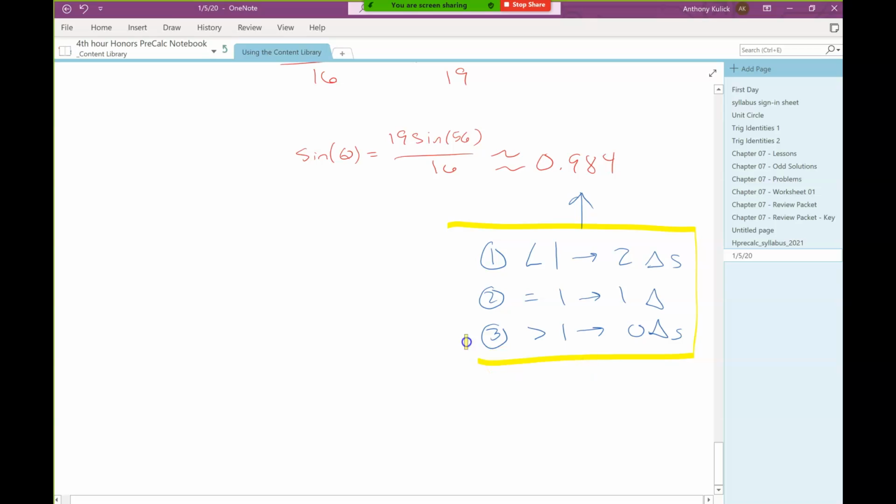So that's important. You'll want to make sure that you remember that. So in this case, we have 2 triangles.